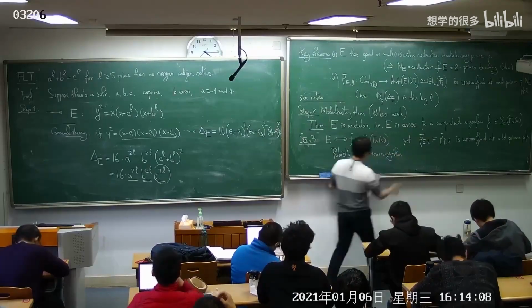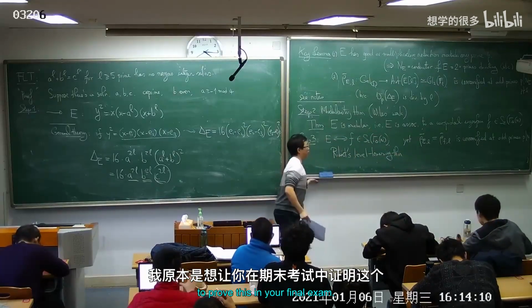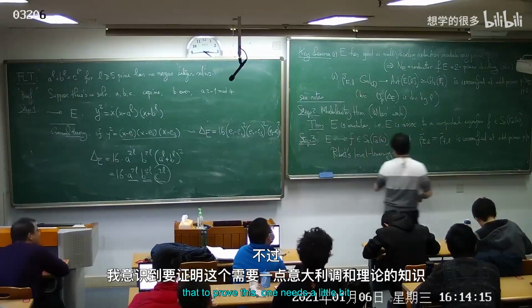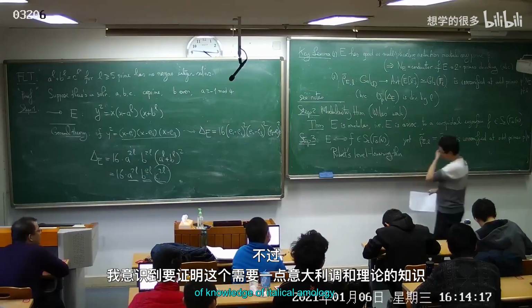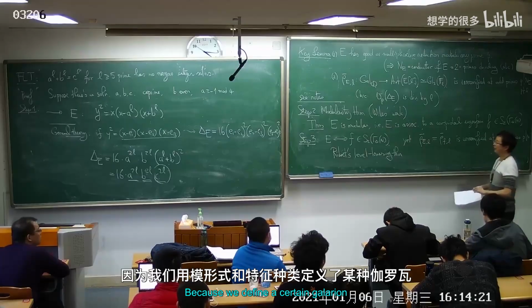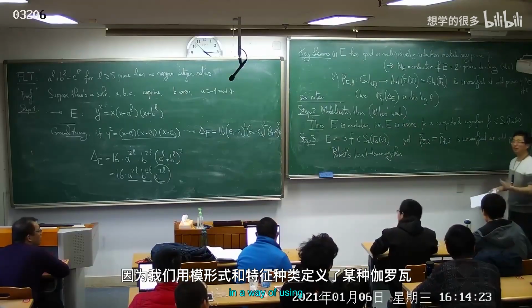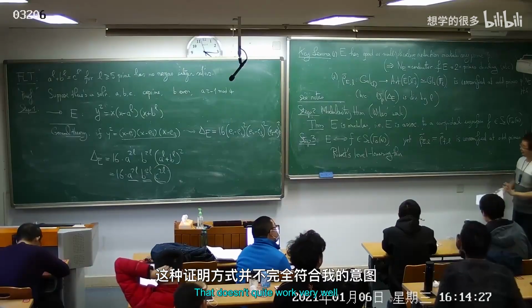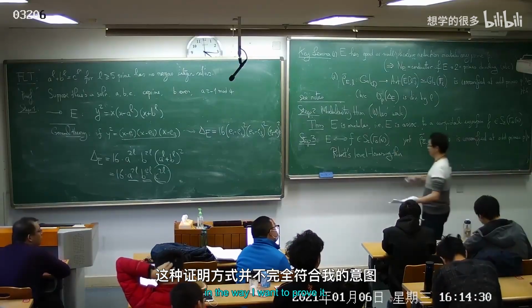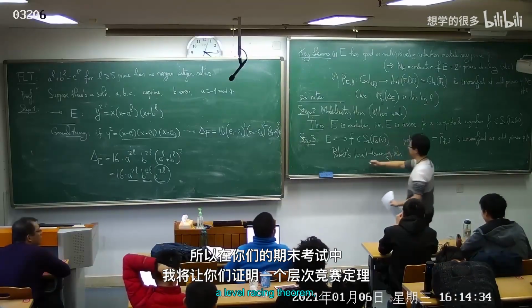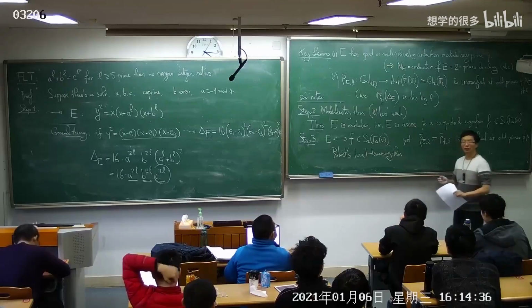My original plan was to ask you to prove this in your final exam. But it turns out that to prove this, one needs a little bit of knowledge of étale cohomology, because we define the associated Galois representation using modular forms and abelian varieties. That doesn't work very well in the way I want to prove this. So instead, in your final exam, I'm going to ask you to prove a level raising theorem, which goes the other way.